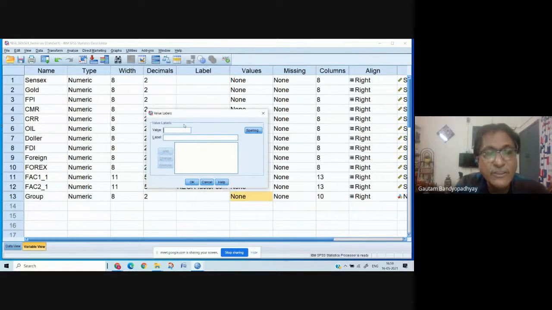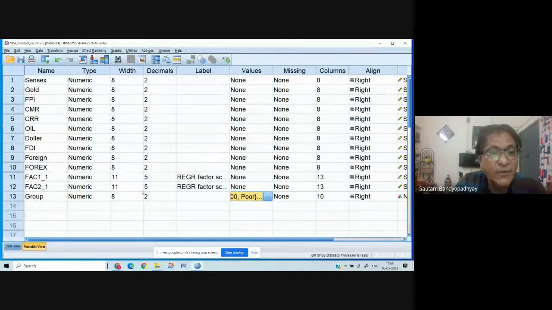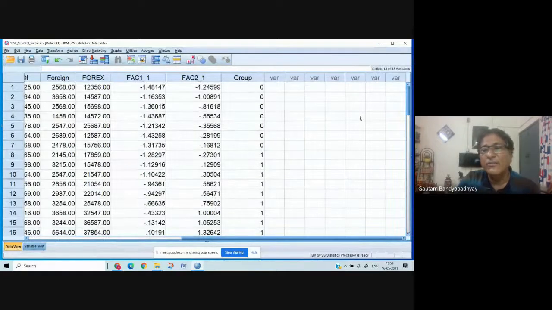We put 0, label poor, and add. We put 1, label good, add, and click OK. No need for decimal places, so 0. Click OK. So now this is 0, 0, 1, 1. Now the group is created.